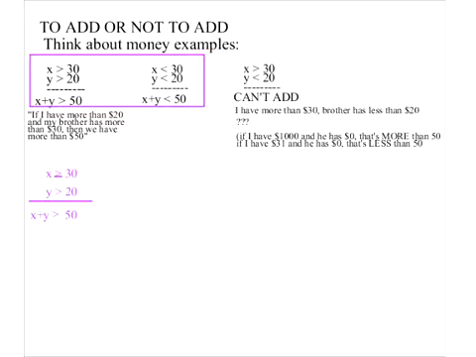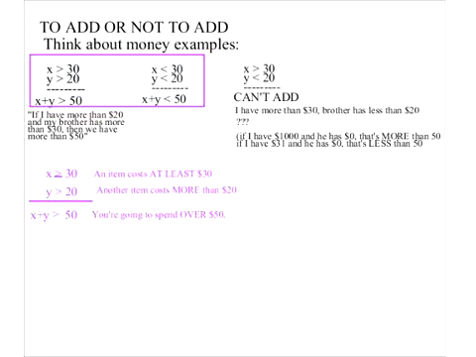If I have at least $30, or an item in a store costs $30, and then another item costs more than $20, then you're going to spend over $50. So you can't spend 50 because they would have to be 30 and 20.